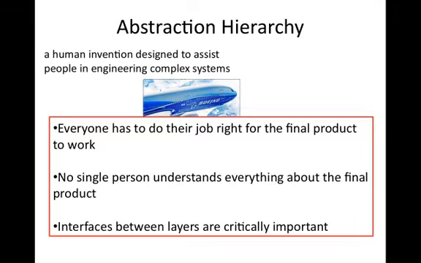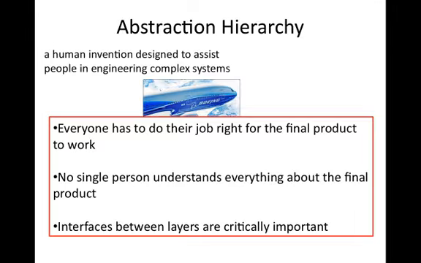There might be lead engineers in a particular effort as part of that abstraction, but there was no single person who knew everything about that plane and could be responsible for that. And then these integration engineers, the people who take the information from the different layers of the abstraction and put them together, those interfaces are critically important if the entire system is going to work well.